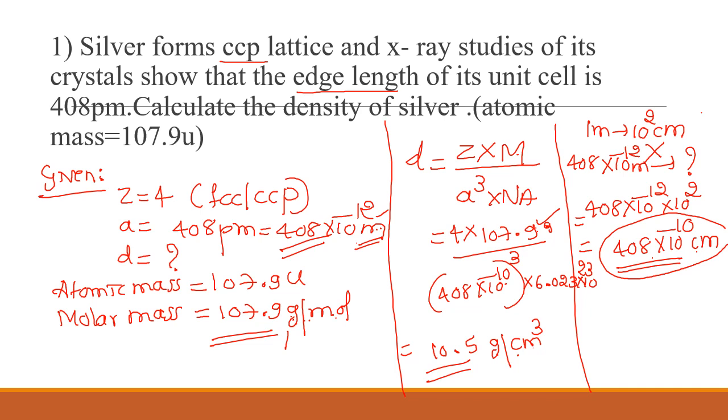Avogadro's value is also in terms of per mole, so the mole gets cancelled, and the remaining unit is gram per cm cube. So the answer for this question is 10.5 gram per cm cube. Hope this is clear. Let's solve one more question.